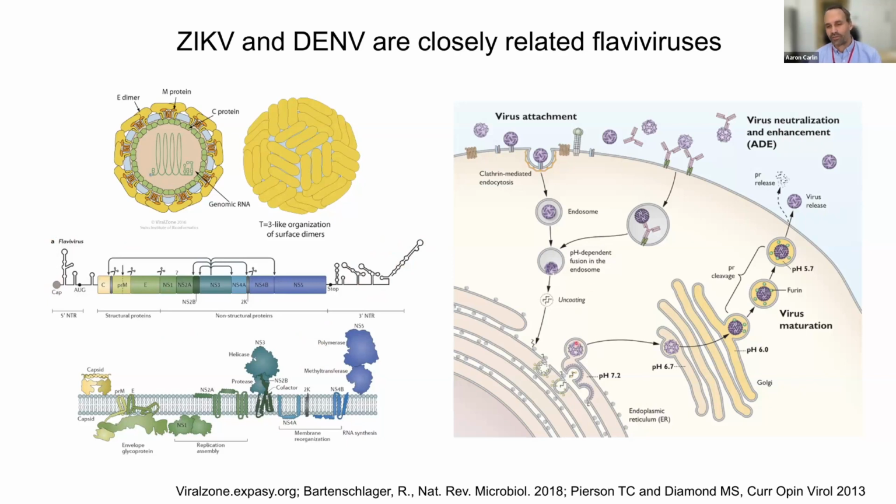The virus, after it's entered and made its proteins, causes invaginations in the endoplasmic reticulum where it replicates. And then the virus buds into the ER and then out through the Golgi, and then is released extracellularly. And so both dengue and Zika share a lot of these similar traits.